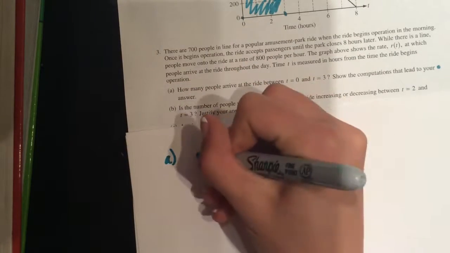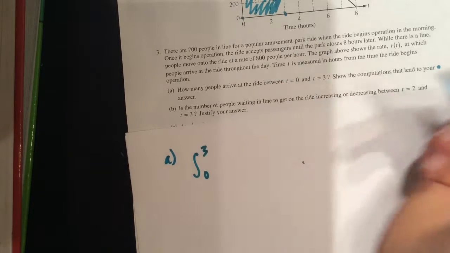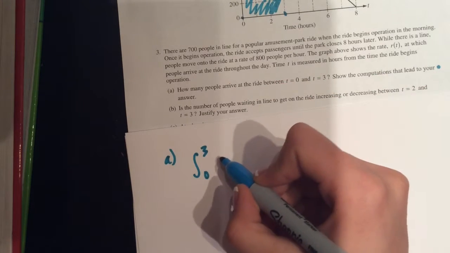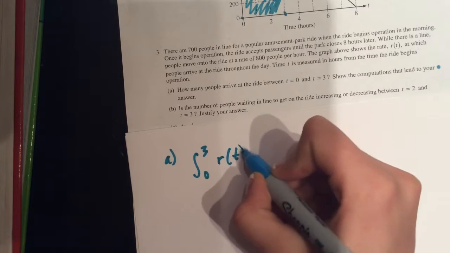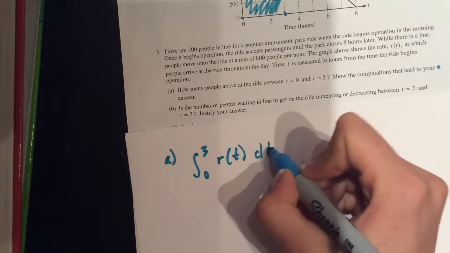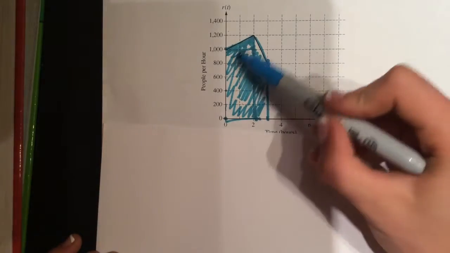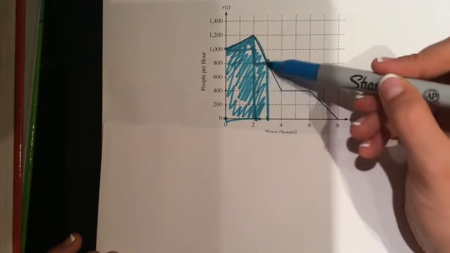So if we write it in integral notation, it'll look something like this. The integral from 0 to 3 of R of t with respect to t, dt. Okay, there we go. And now we're just going to look at this. So it's two trapezoids, if you can see, but we can even break it down more than that just to make it really simple.